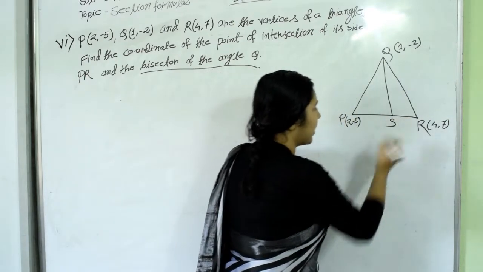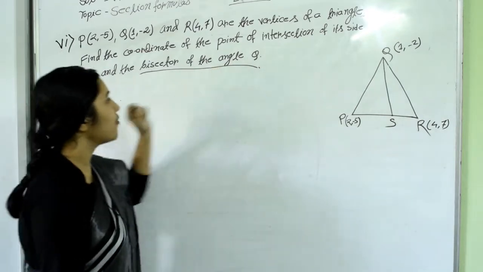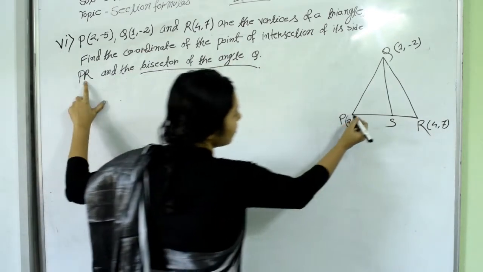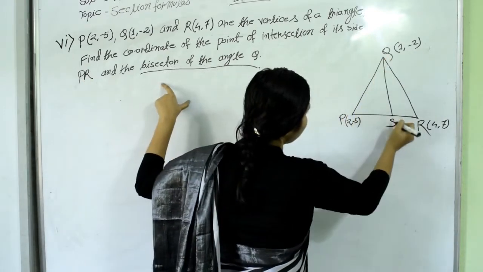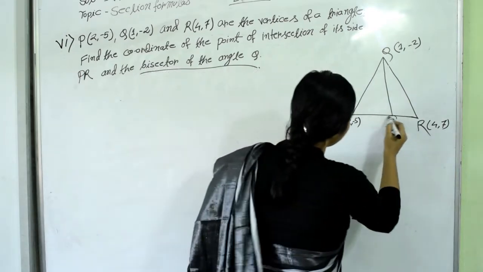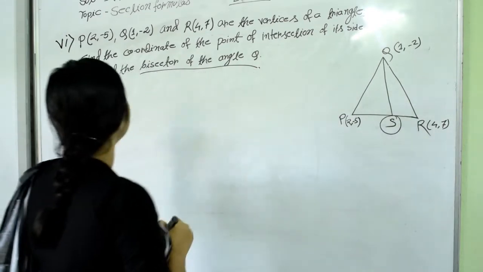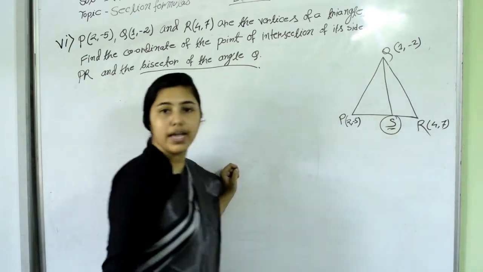This point is the point of intersection of its side PR and the bisector of the angle Q. So here we have to find the coordinate of the point S.